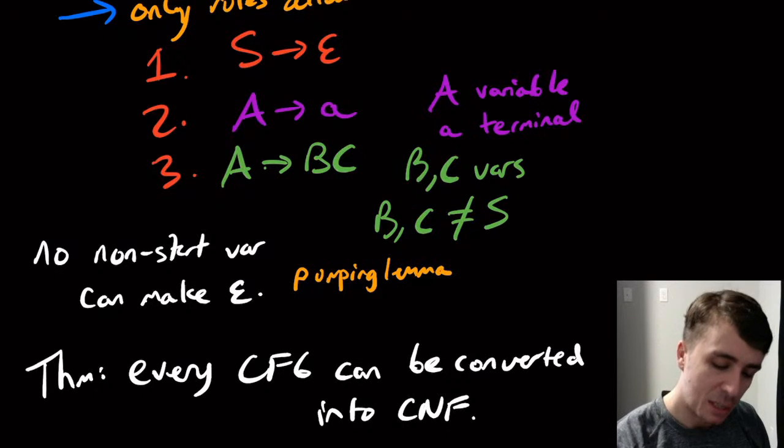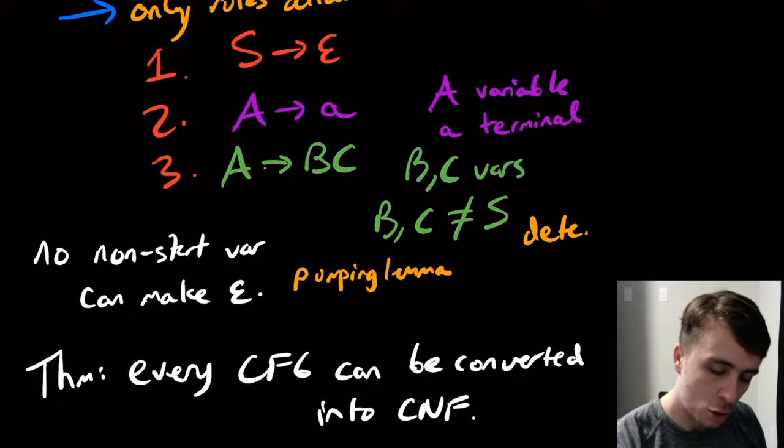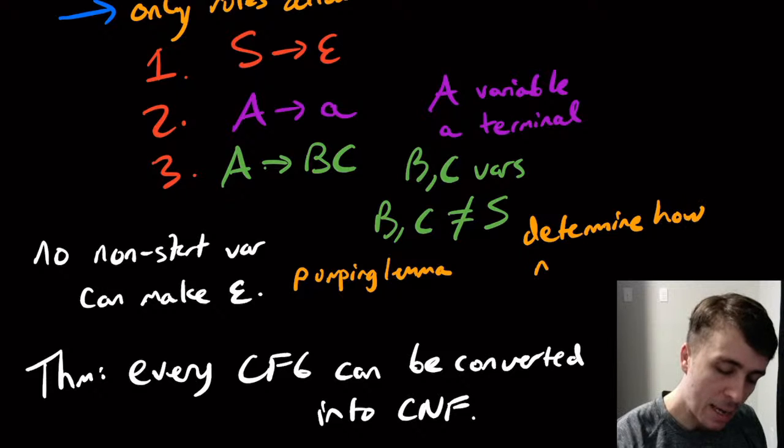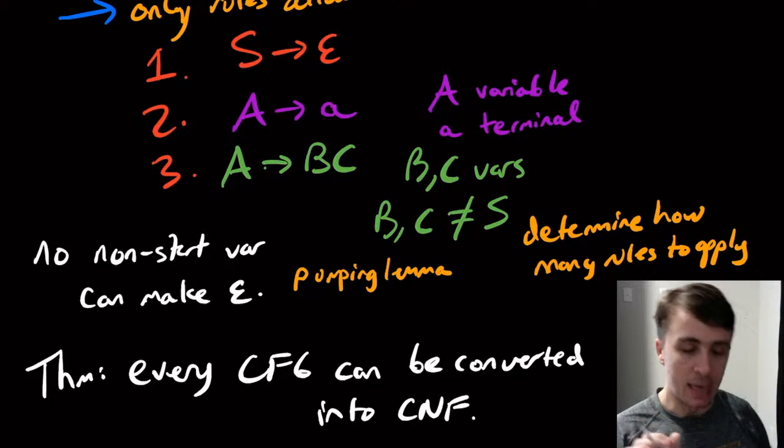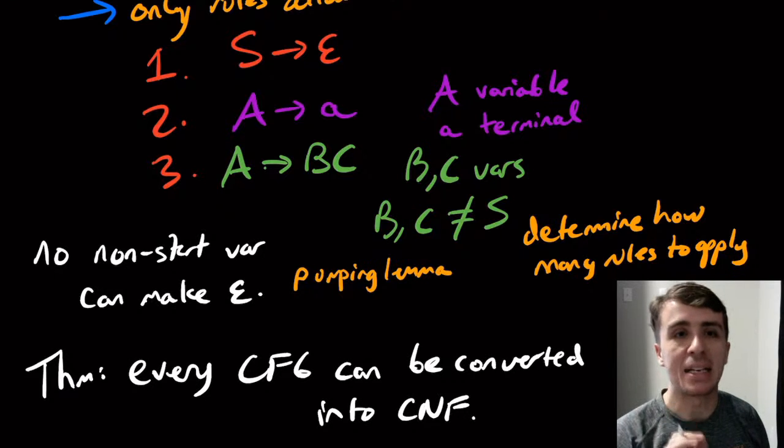Another one is to determine how many rules to apply to get a string, because we can have arbitrarily many rules to apply to make a string, like the empty string we saw earlier. But here you can actually determine the exact number of rules to apply, which is nice.